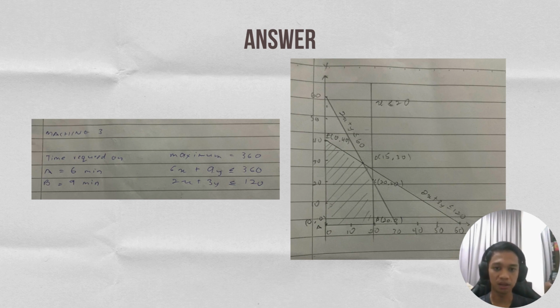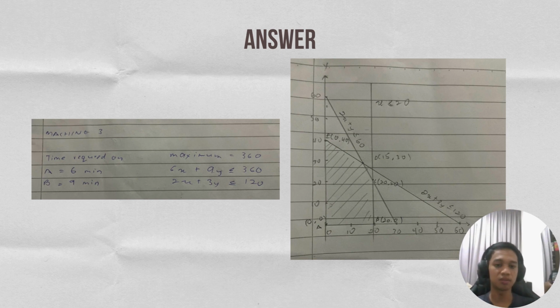The first line is 2x plus y less than or equal to 60. Line number two, for machine number two, is x less than or equal to 20. And line number three, for machine number three, is 2x plus 3y less than or equal to 120.